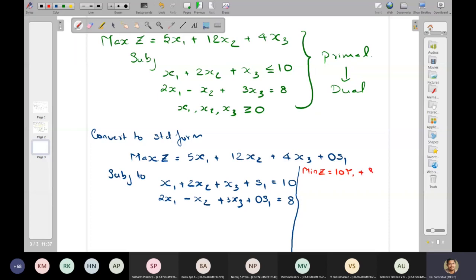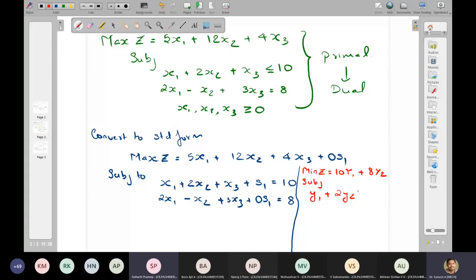Subject to the constraints. First constraint: I have only x1, so y1 plus 2y2 greater than or equal to 5.